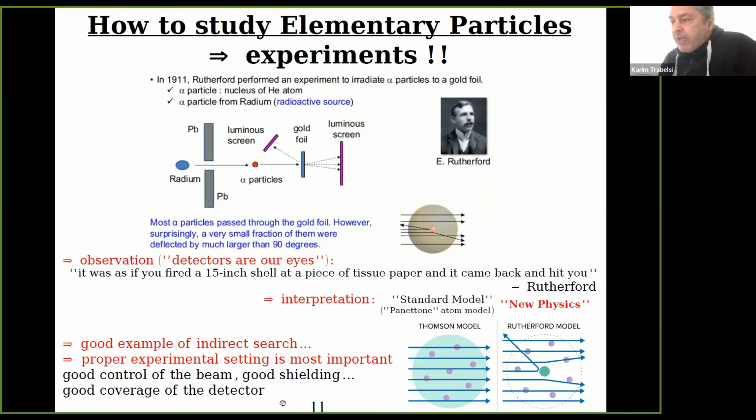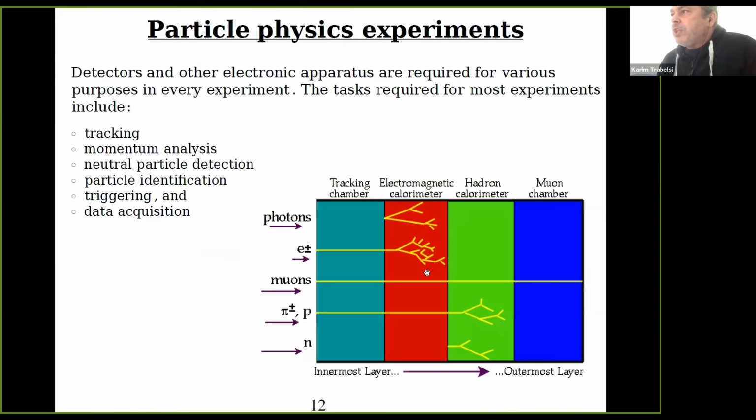So in my naive analogy here, if part of the coverage was not available, then you might not even have observed the effect, which allows you to make this distinction between these two theoretical models. Okay, so now let's talk about modern particle physics experiments.